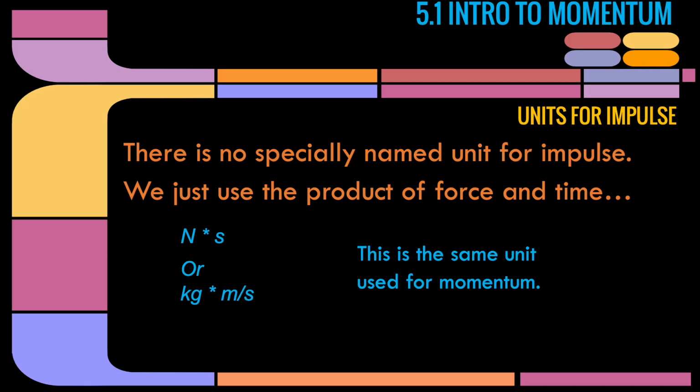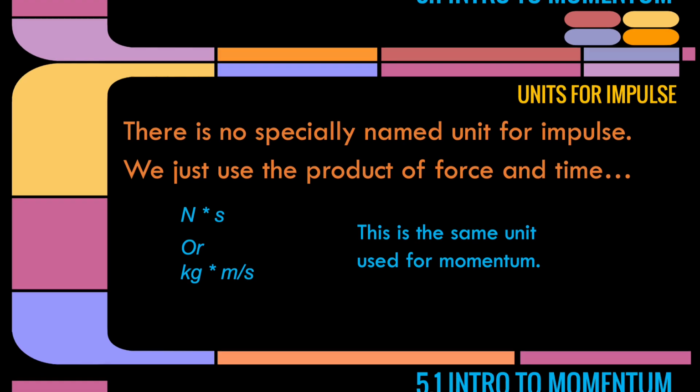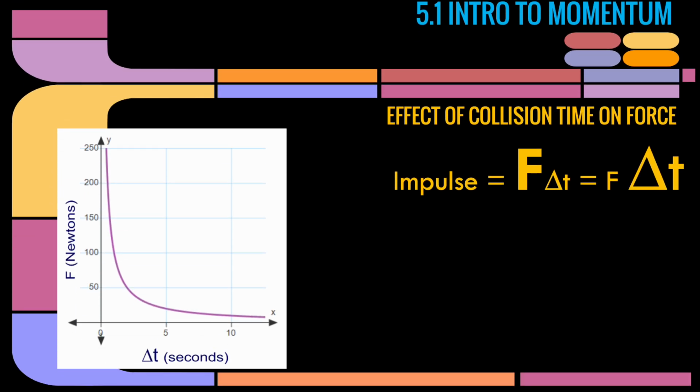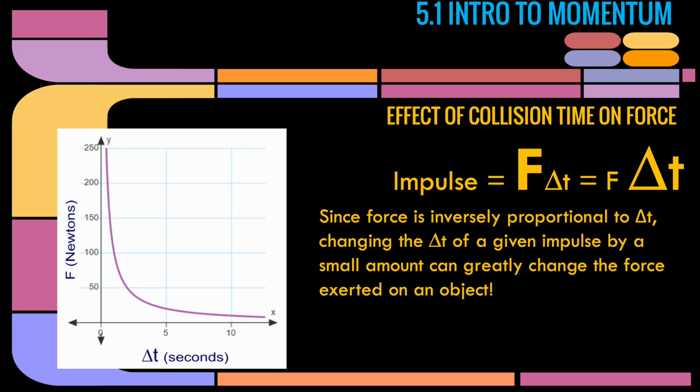So one of the interesting things that we'll be talking about is the effect of collision time on the force. So if you look at my little equation here, for any given impulse, the greater the force means the smaller the time, or the smaller force means an increase in the amount of time the object is impacted for.